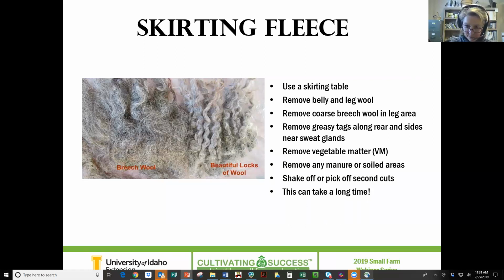You're removing vegetable matter, VM is what they call it, any manure or soiled areas, and knowing that some things will wash out, you should be able to tell if it's just like a urine stain that can wash out. Still, just imagine somebody opening a box in their apartment and having sheep poop fall out. It doesn't make a good impression.